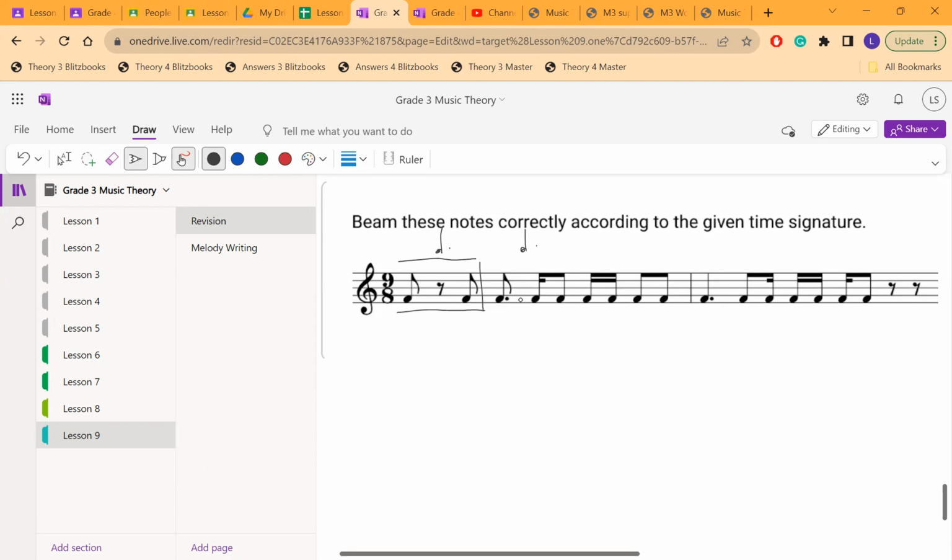The original question. Yeah, you changed notes again. That's okay. In which case, I think I still got it. Okay. Dotted crotchet there. That is split up.